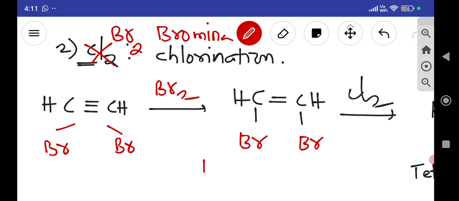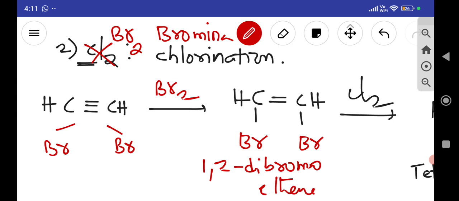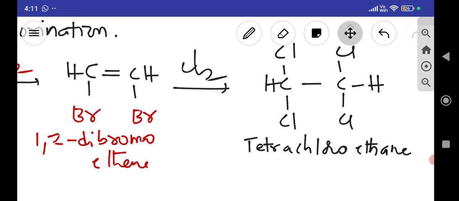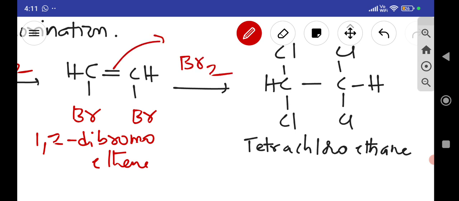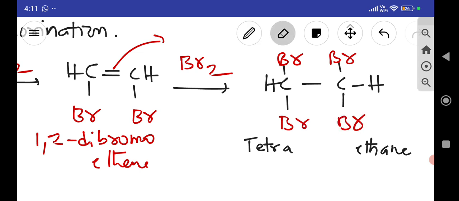So therefore 1,2-dibromoethene is formed. Next, one double bond is there. If you are adding Br2 to this, the pi bond is removed, so on all the hydrogen sides you have Br. This is the final product obtained, known as tetrabromoethane. Hope you have understood both the chlorination as well as bromination.